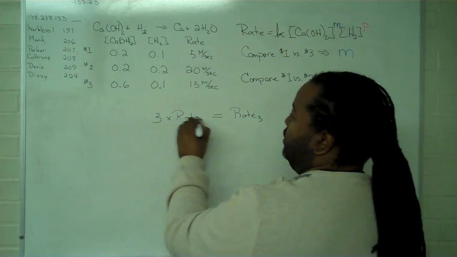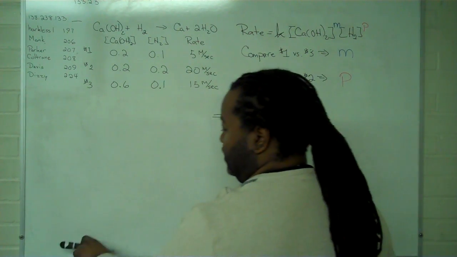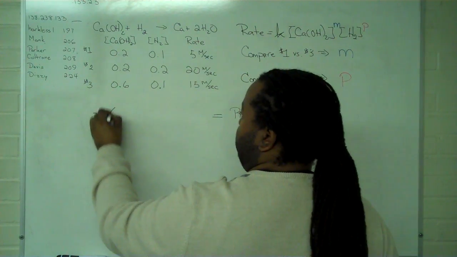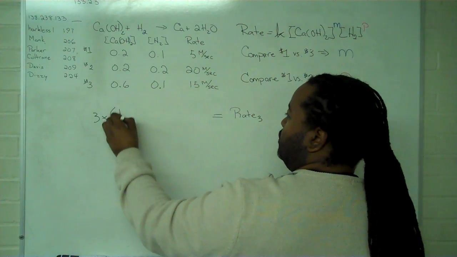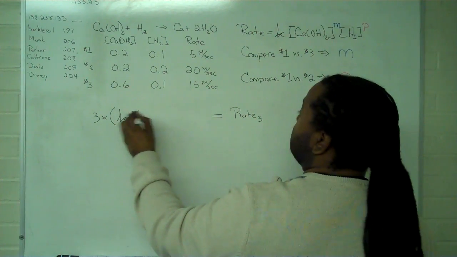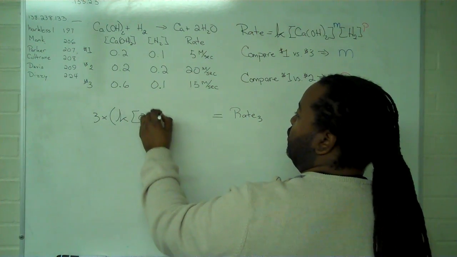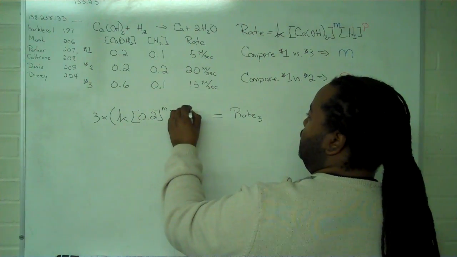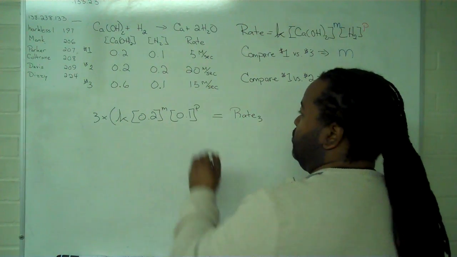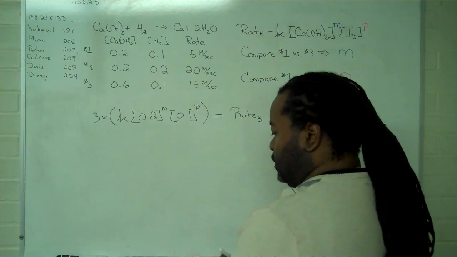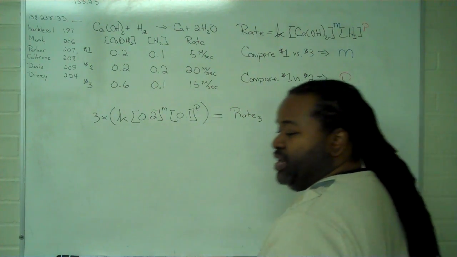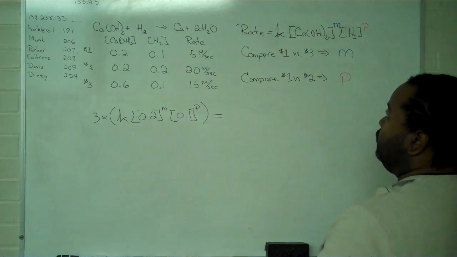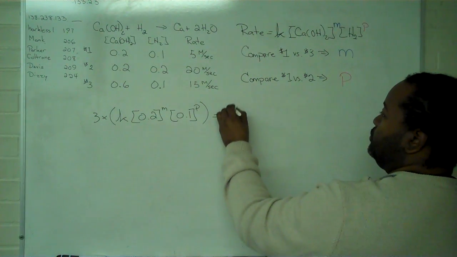And so I can expand this by substitution, saying 3 times the rate is the rate constant, times concentration of calcium hydroxide raised to the m, concentration of hydrogen raised to the p. So that's 3 times whatever I have for rate number 1. Now I fill in what I have for rate 3.